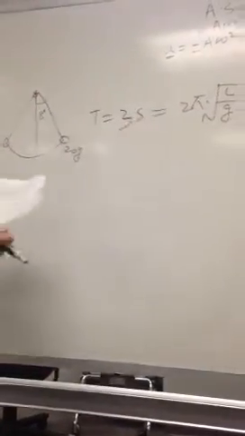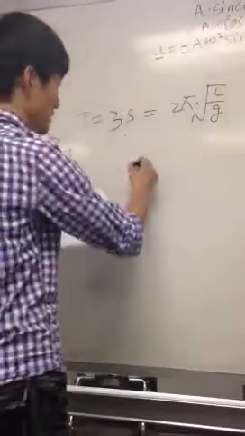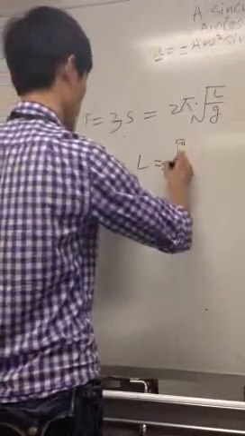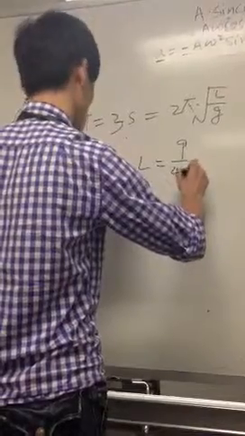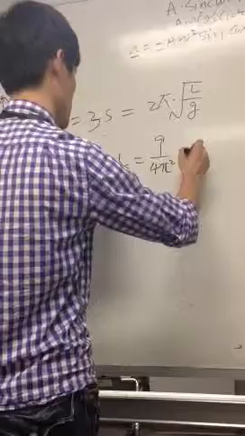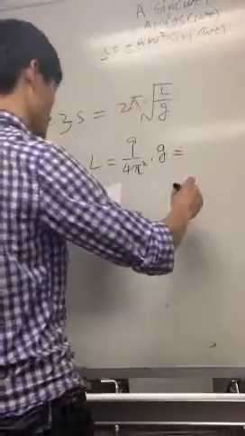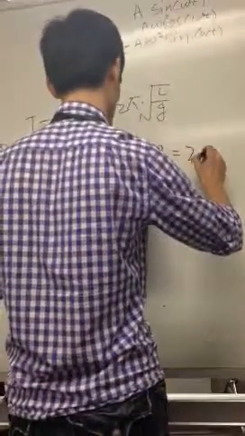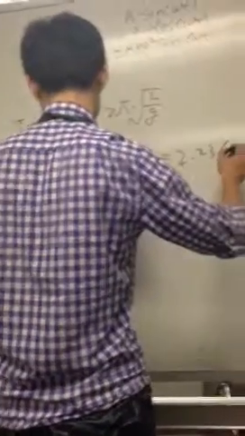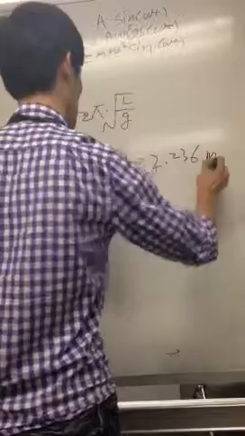Okay. And then in the same way, you can calculate L. And that is 9/4 pi squared times G. If you calculate, it's 2.236 meter. Okay.